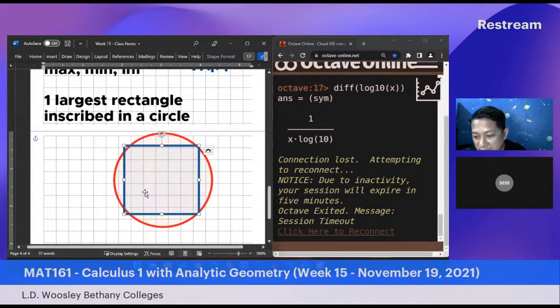Okay. So assuming that this is the rectangle in the circle, how will you solve this? That's the problem. Of course, we could solve that.